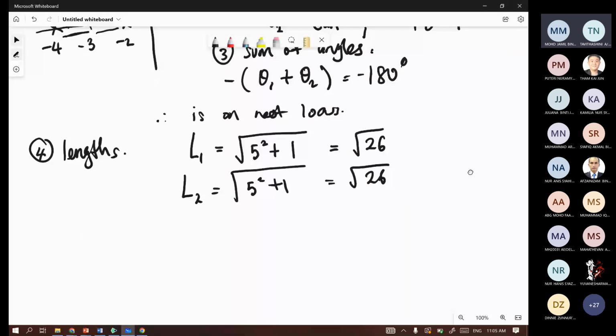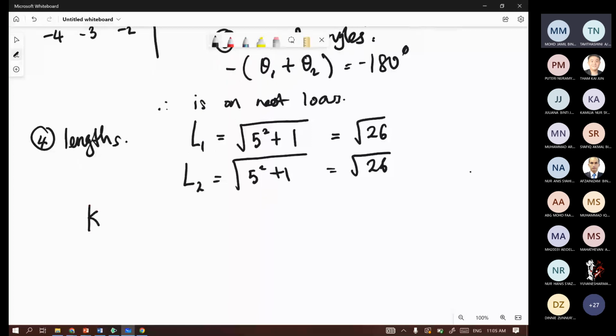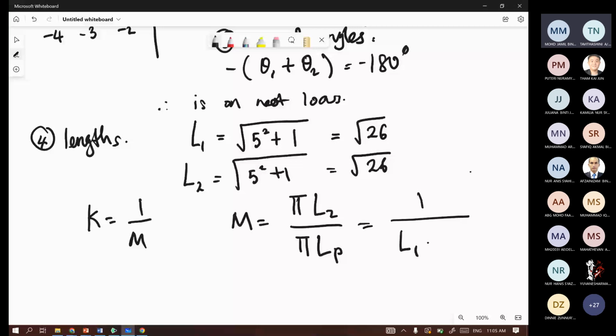And then using the formula, K equals 1 over M. And then M equals the product of lengths from zeros over the product of lengths from poles. So because there is no zero, it equals 1 divided by L1 times L2. So you get 1 over 26.